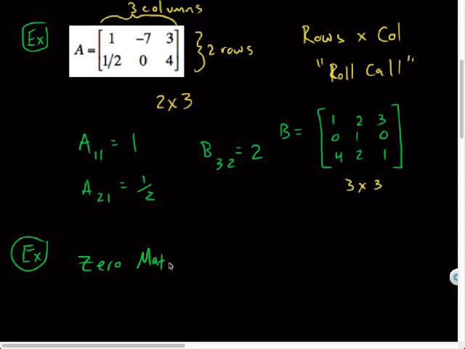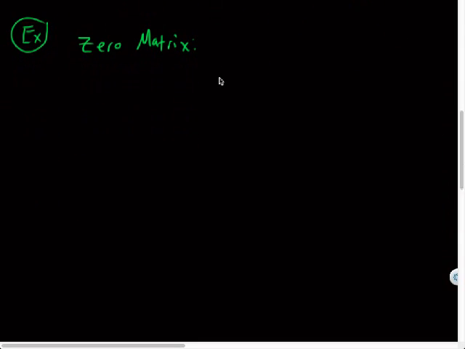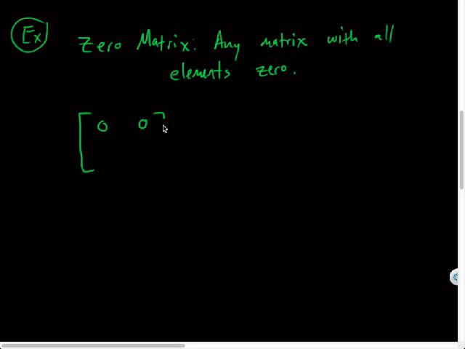So let's see. A zero matrix is any matrix whose elements are all 0. Okay, so I could have this as a 0 matrix, so this would be a square 2 by 2 0 matrix, right?